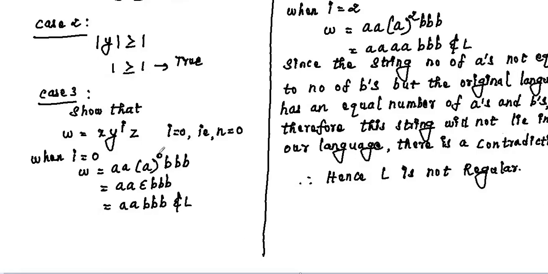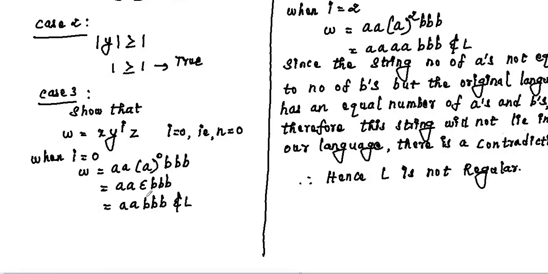So A raised to the power 0, then the remaining z is triple B. So AA, anything to the power 0 is epsilon, here triple B. So AA epsilon triple B can be written as AA triple B.